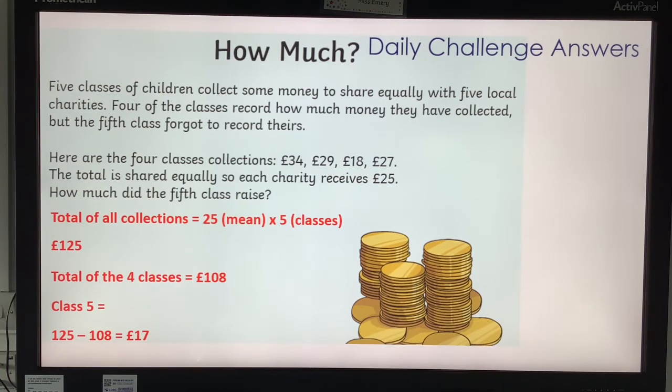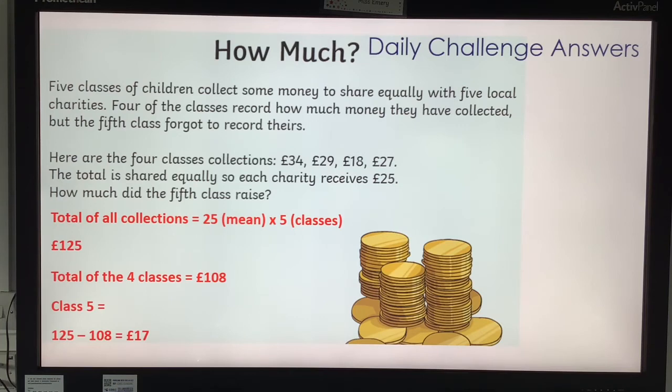So we know that £25, the mean, or the amount shared equally, times 5 classes gives us the total amount raised. Because if each of the 5 charities gets £25, we just need to add all of the amounts together, or times them by 5. And that gives us £125.